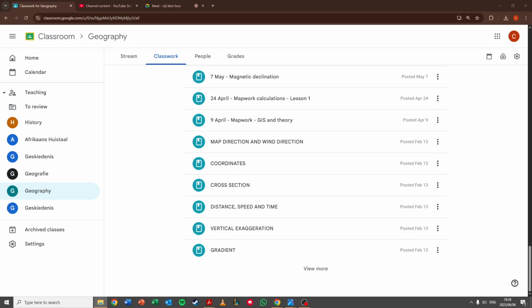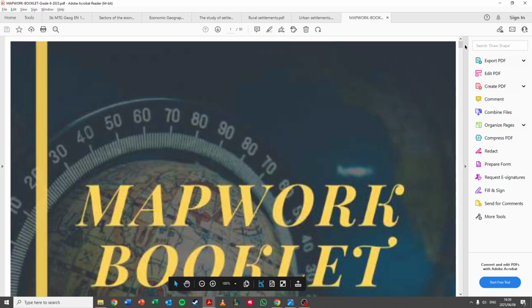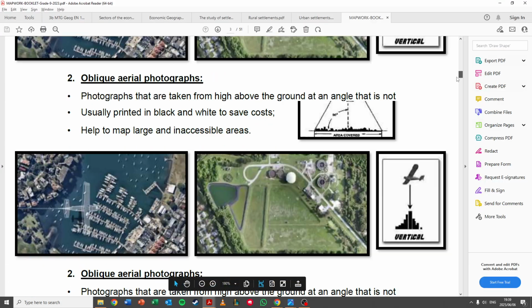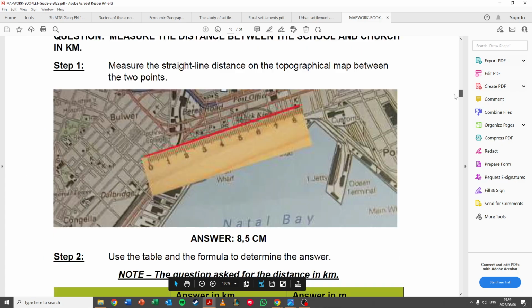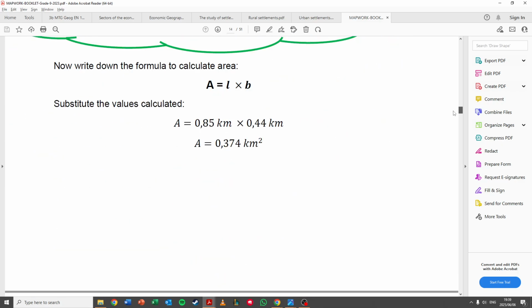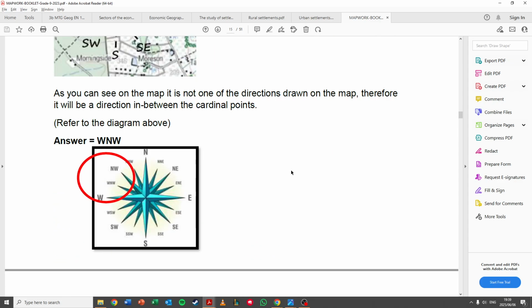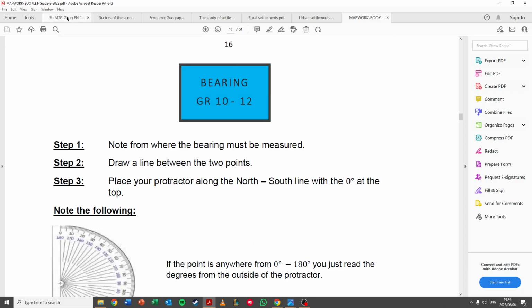Where is it? Sorry, this is going to bother me now. Just quickly see, because I know it's going to be really annoying for me. No direction. Bearing. There we go. I can't believe I forgot it.